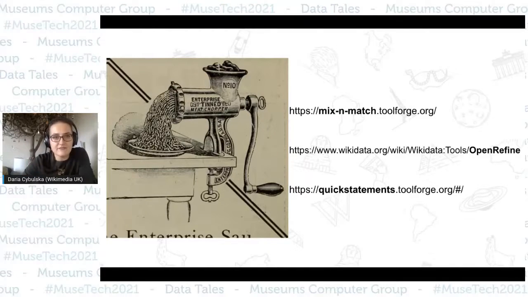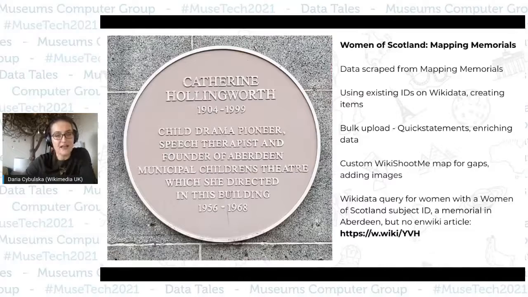I wanted very quickly to give you an example of a collaboration with Wikidata that's not very sophisticated technically. This is a project that was worked on in a two-day hackathon with a community group, with volunteers with some technical knowledge, who wanted to increase the representation of memorials of women in Scotland.